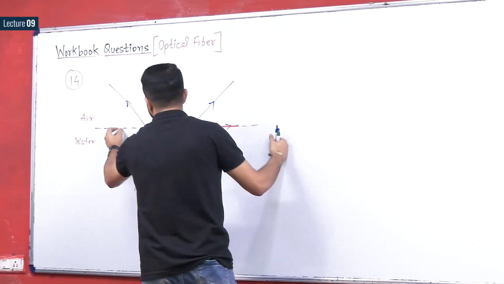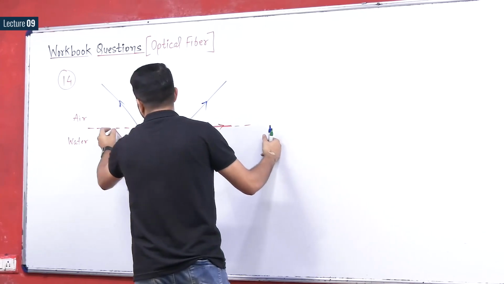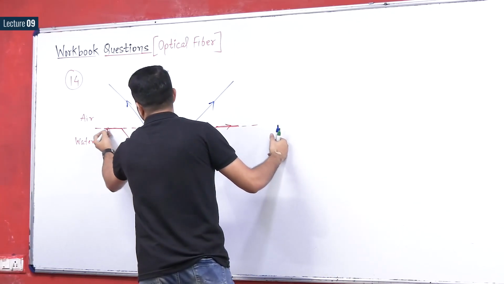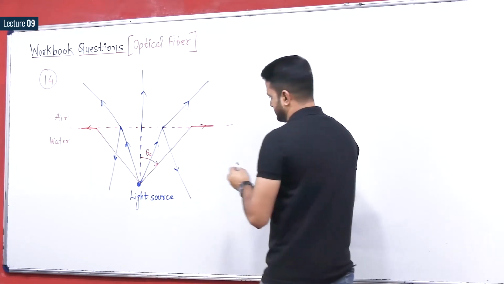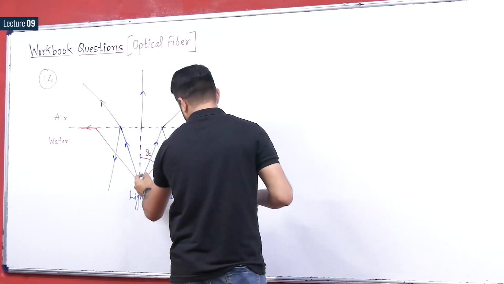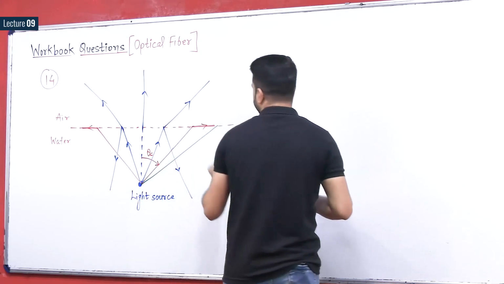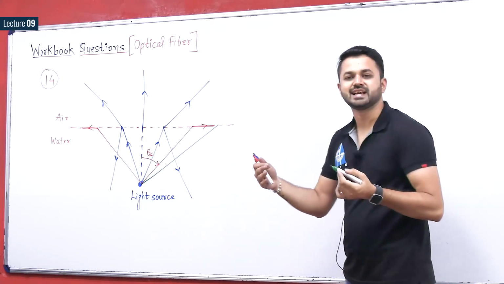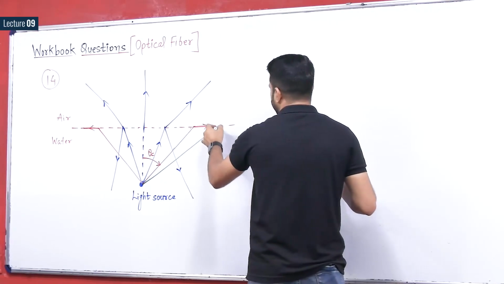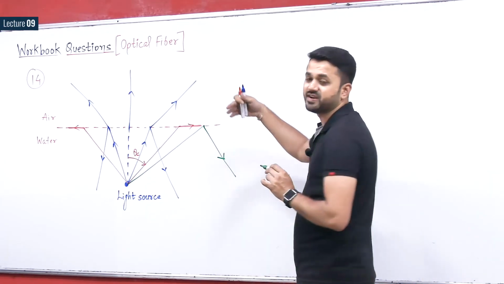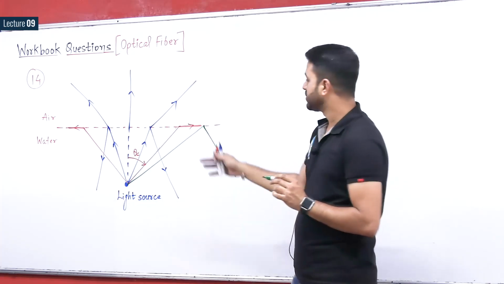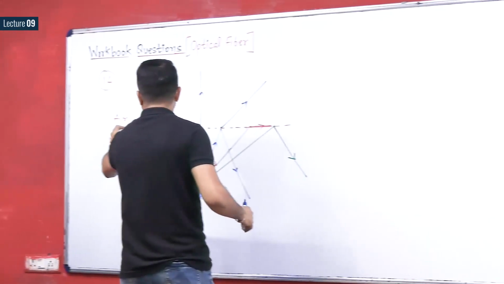Similarly here also. And the light incident making more angle than theta c is totally internally reflected. So this is the wave which is not even transmitted to the air, it is totally internally reflected.